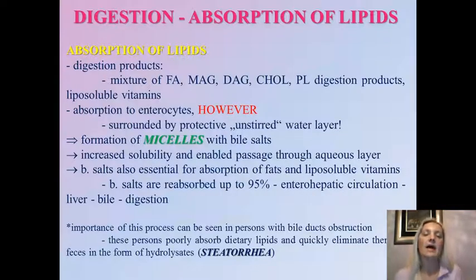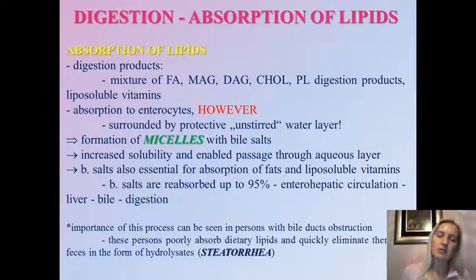So, as the result of the digestion of lipids, we get a mixture of fatty acids, monoacylglycerols, diacylglycerols, cholesterol, phospholipid digestion products. We have liposoluble vitamins. So all those products now have to be absorbed into enterocytes. However, it looks easy because the membrane is of lipid structure.